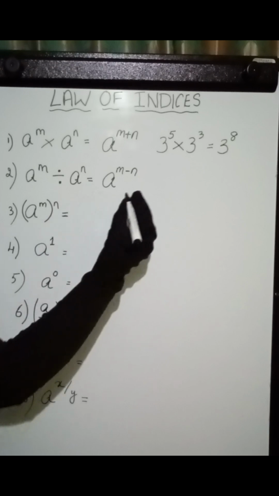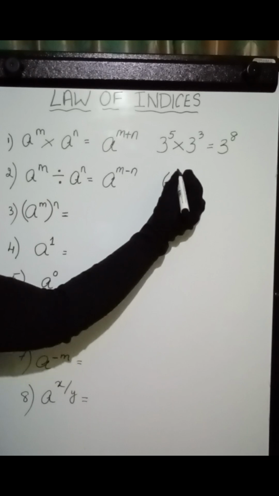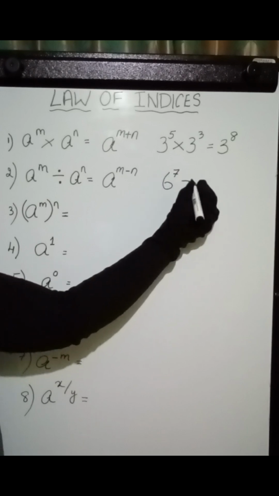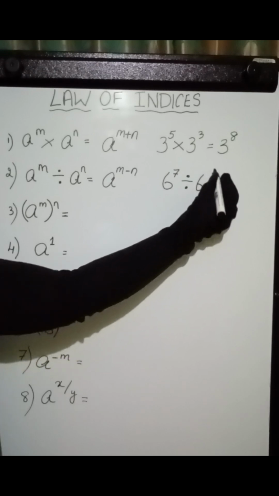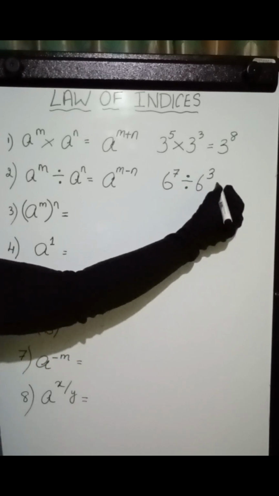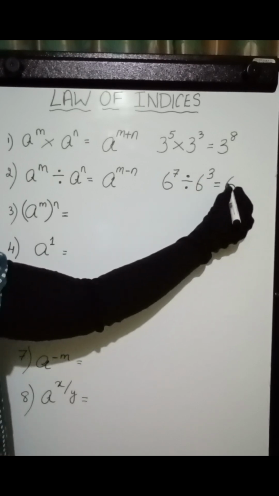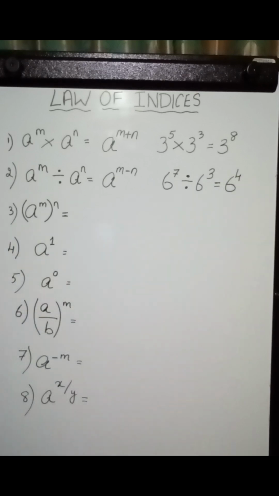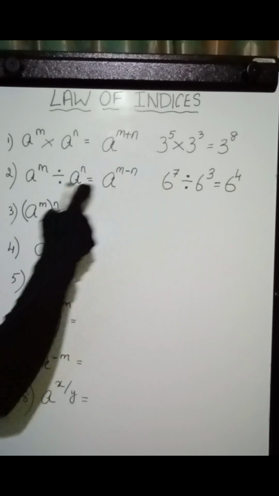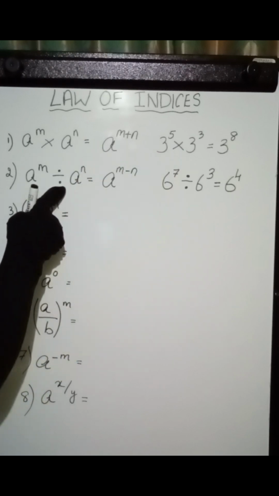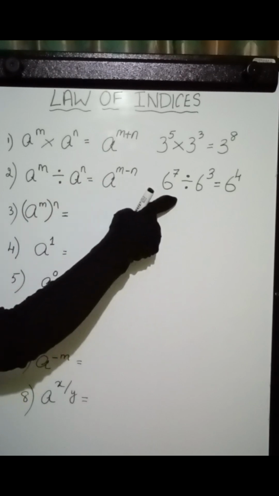For example, if you have 6 to the power of 7 divided by 6 to the power of 3, then this will be equal to 7 minus 3, 6 to the power of 4. So when you have multiplication, the powers will get added. When you have a division, then the powers will get subtracted. I hope this example is clear.